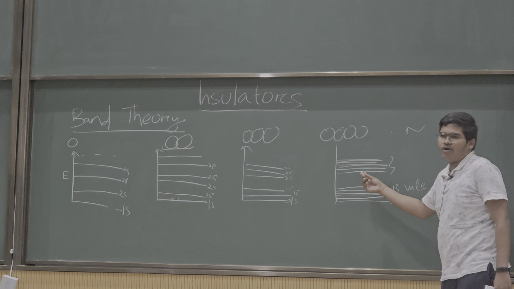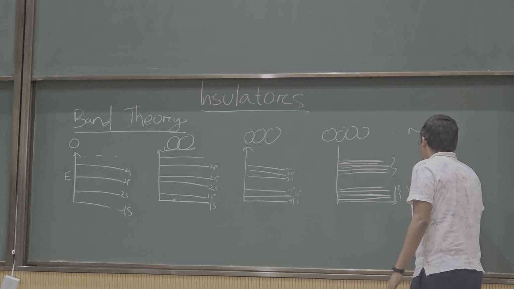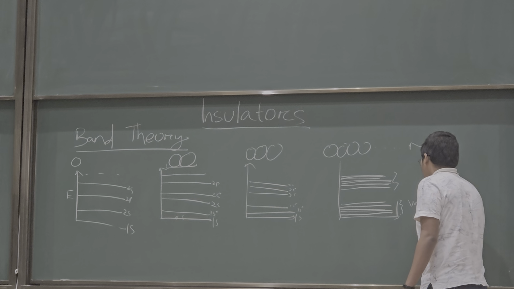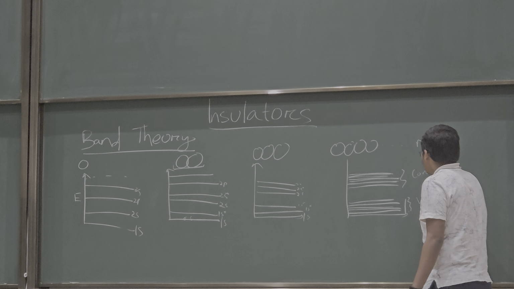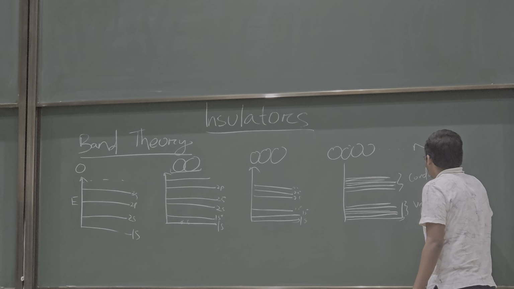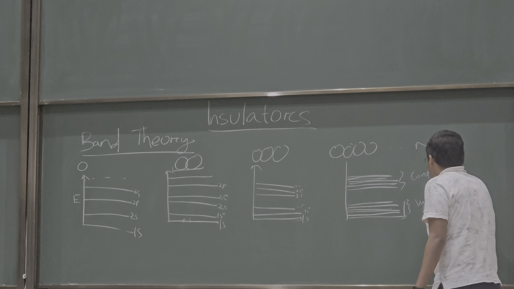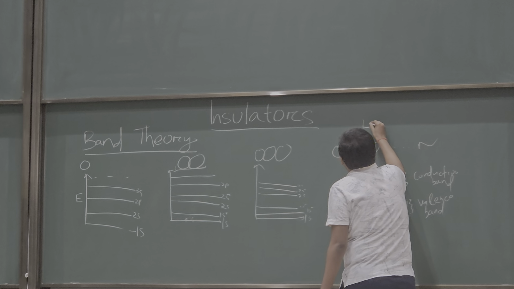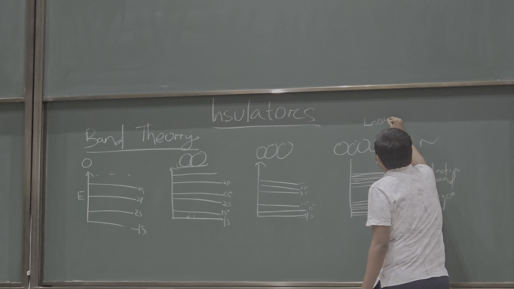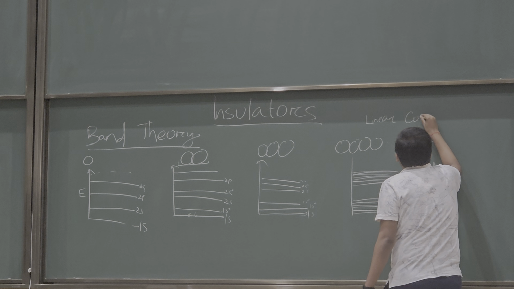Sometimes we also call it the bonding band. The higher energy band will be the conduction band. This entire thing is also called the linear combination of atomic orbitals.